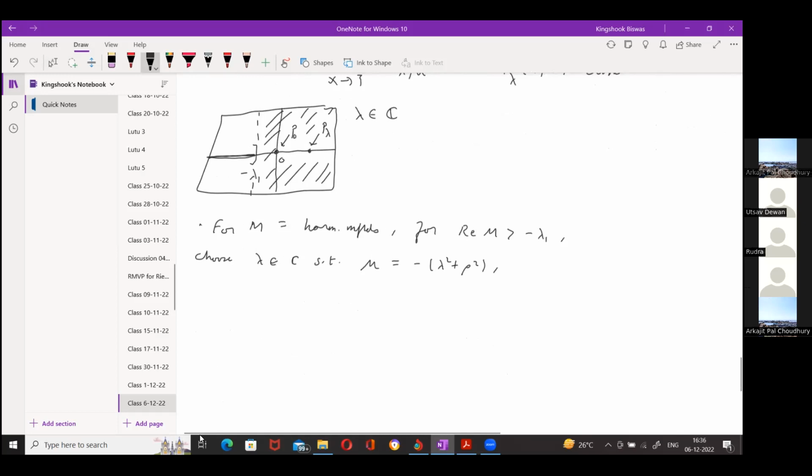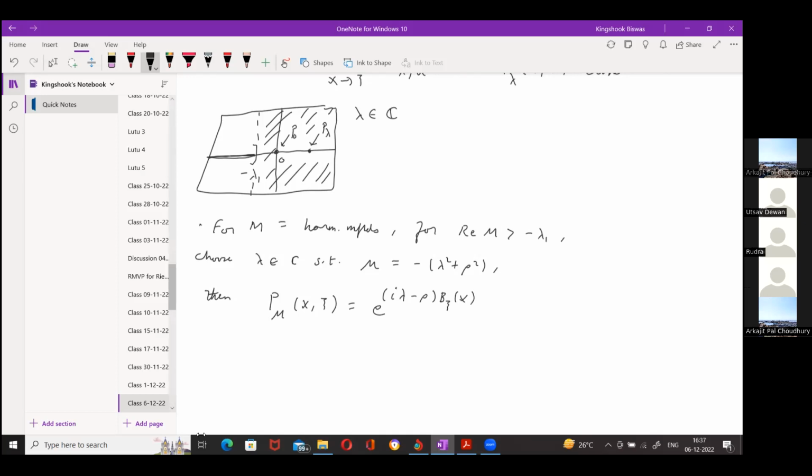So we're taking some sort of square root of mu here. Then P_mu of (x, xi) is e to the (i lambda minus rho) b_xi(x).